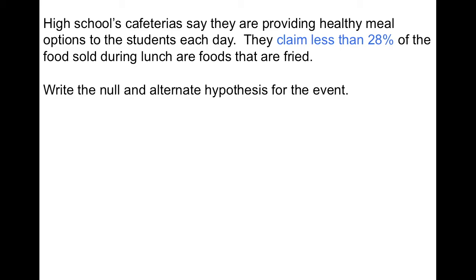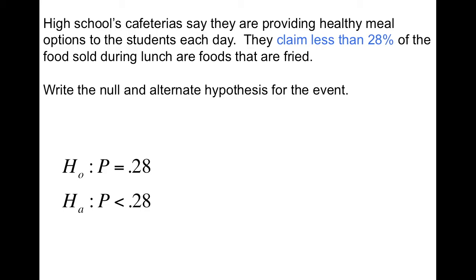And this is where you have to be very careful. The details are very important. In this case, we're looking at 28%. This time we're using uppercase P. P for the proportion is equal to 0.28. So it's 28%. And again, we're just testing to see if it's equal to that amount. They're claiming that it's less than 28%. So P is less than 28% is our alternative.